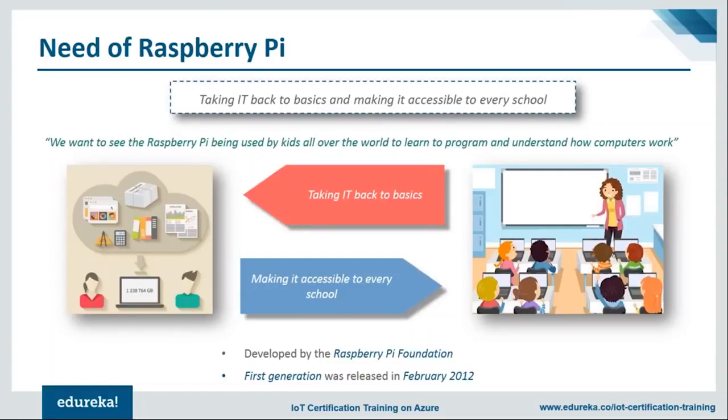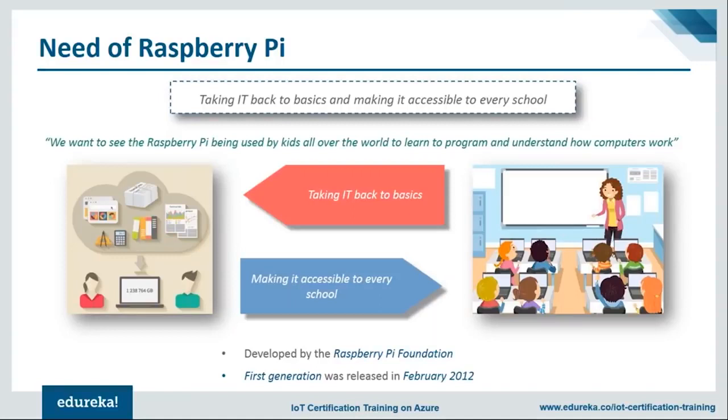The growth of technology today has reached such a level that everyone has ease of access to do anything on a computer. But back in the 90s and 2000s, for using a computer, you needed to know how to program and how to work around it. This in turn helped build a very strong foundation for programming knowledge. And with the growth of UI, everything has become so easy that today you don't need to learn programming to do much.